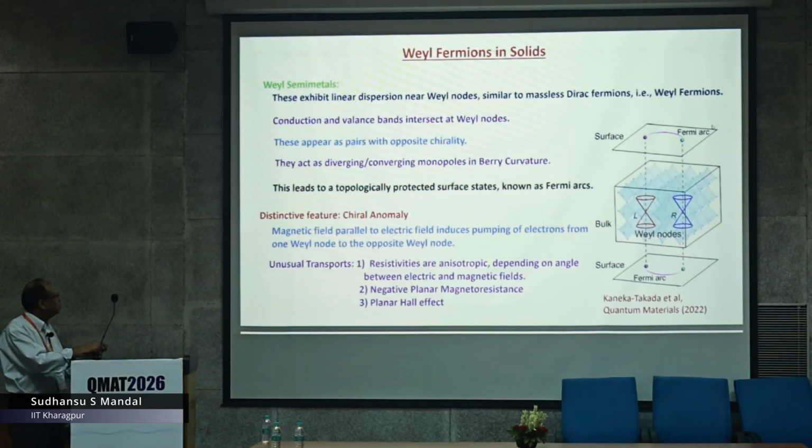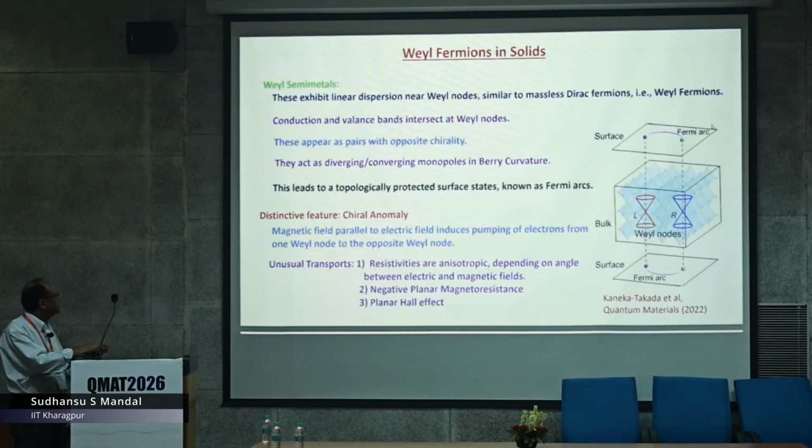And these materials show some distinctive features as a chiral anomaly. When the magnetic field is parallel to the electric field, that induces pumping of electrons from one chiral node to the other chiral node, and that gives some features in transport.